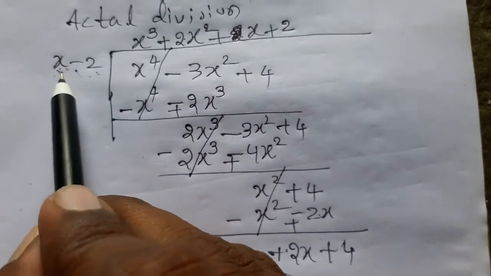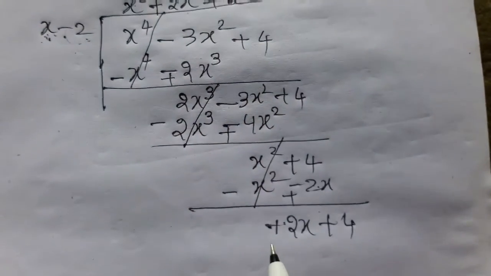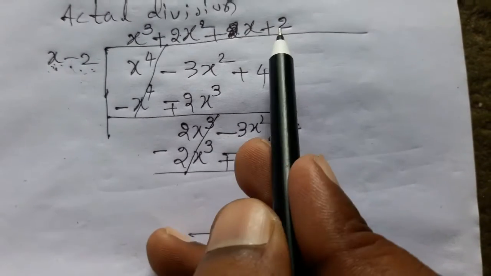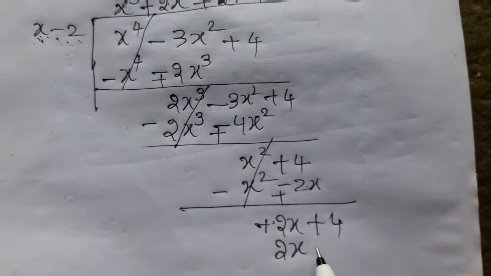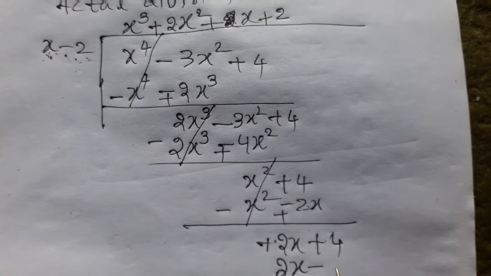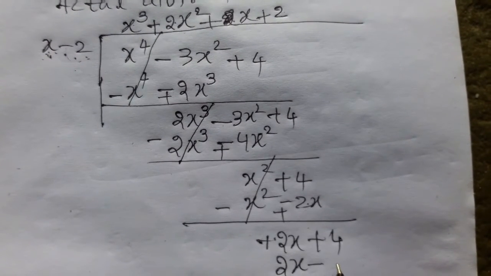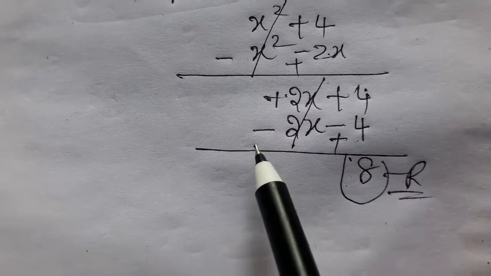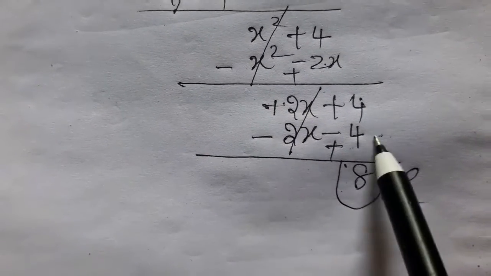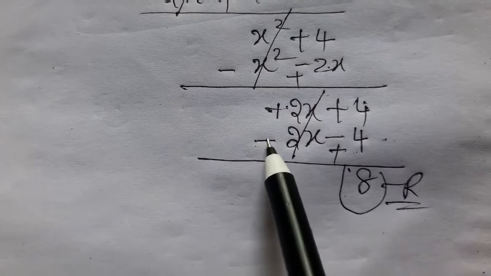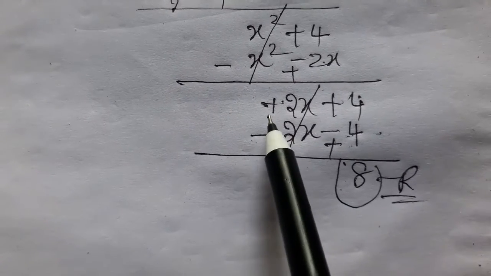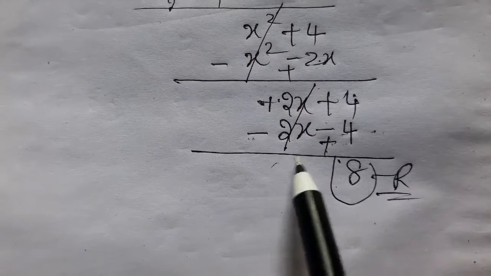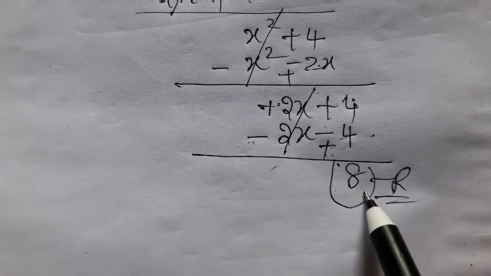See here, x into 2 means 2x, minus 2 into 2 becomes minus 4. Here the sign should be changed. Here is minus, minus should become plus. So plus and minus cancel, and plus 4 becomes 8.